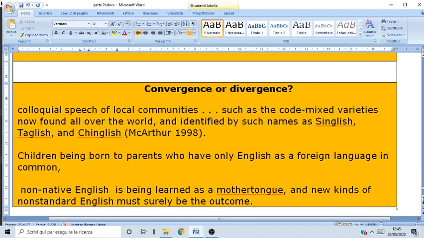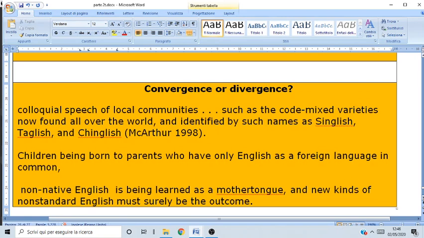We have to consider what is going on from a linguistic point of view nowadays, okay, with globalization. And there are several factors, several things that we should consider. One is what is going on in the creation of combinations between English from the inner circle and local varieties.